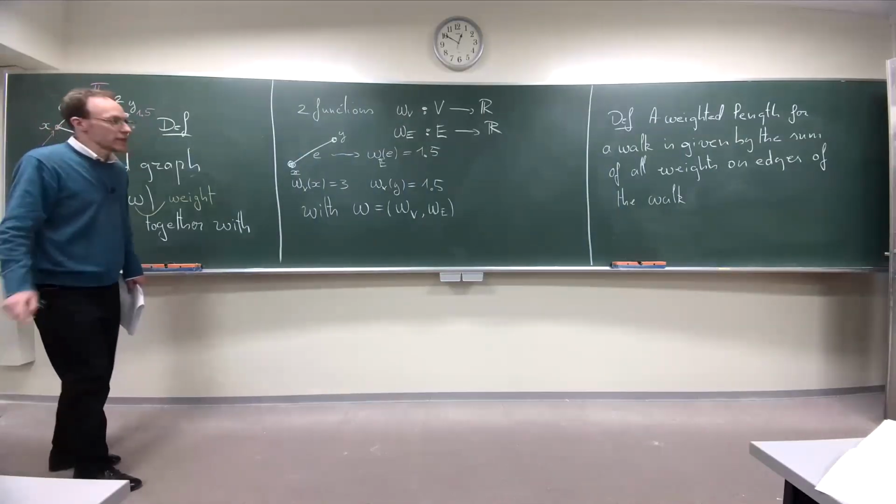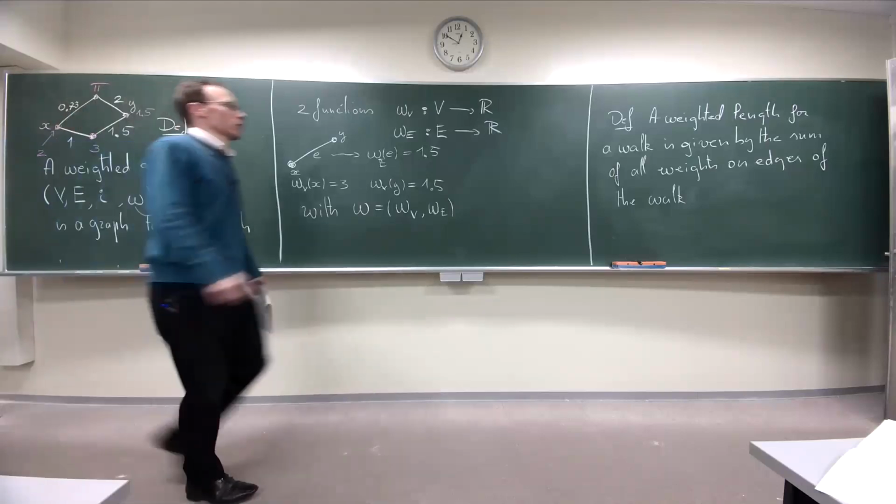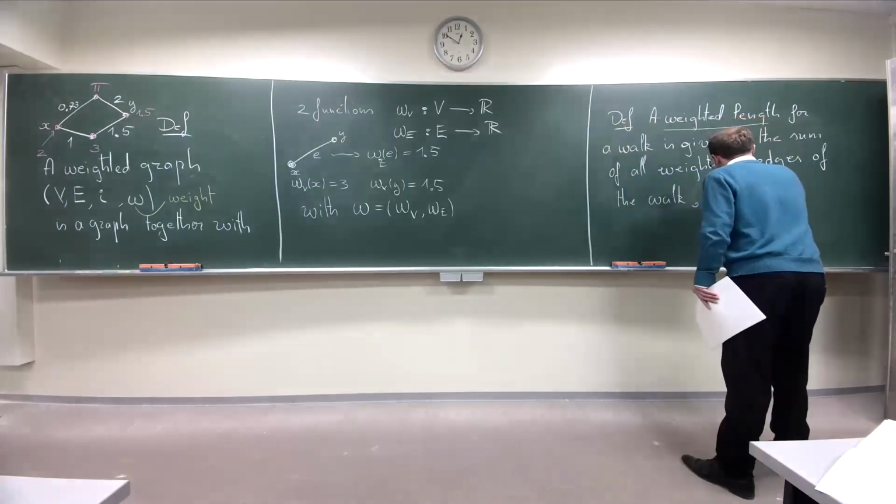And the weighted length can be different from what I call the length, because here for these two paths, the length would be 2, but the weighted lengths are different from 2.